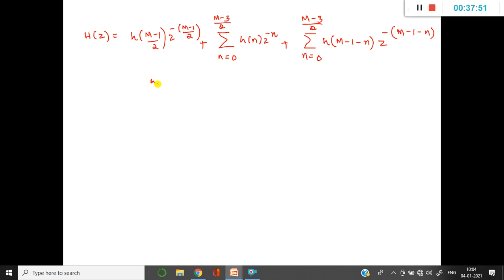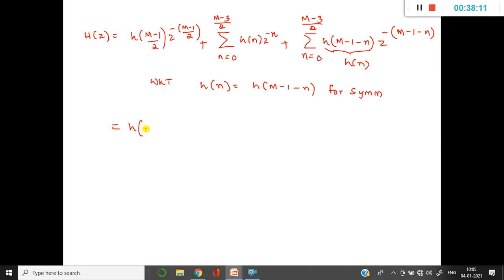So now we know that h of n is equal to h of m minus 1 minus n for the symmetric condition, right? Therefore, I can replace this by h of n. Is this clear?